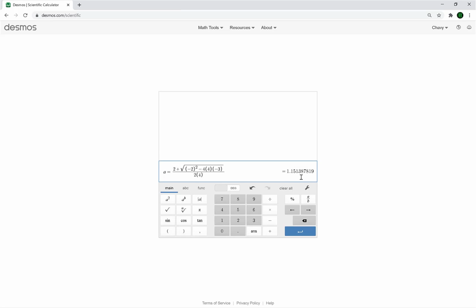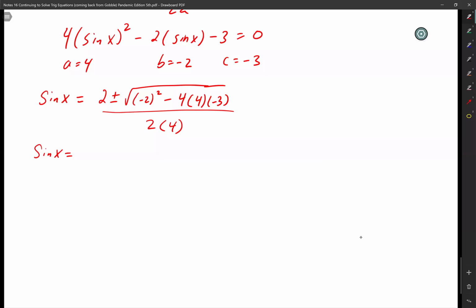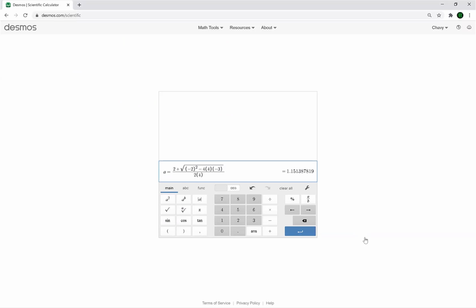And there's one answer. And notice that sin x can't be, we'll talk about it right now. So I have sin x equals 1.15138, and I already forgot. I'm going to stop there. 1.151388. Okay.